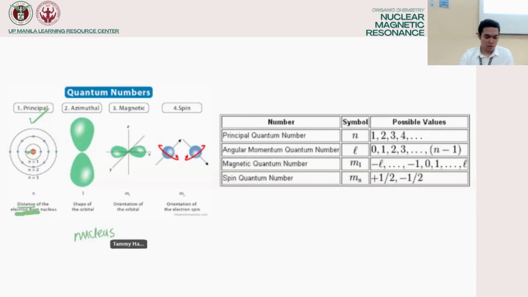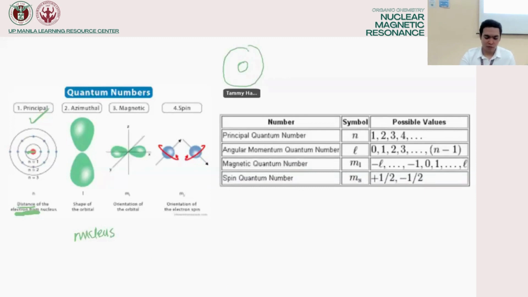So what are the components of the nucleus, guys? For those face-to-face, can you answer? Someone is chatting, sorry, I can't see. There: proton and neutron. Okay, very good. So, for example, this is your atom.